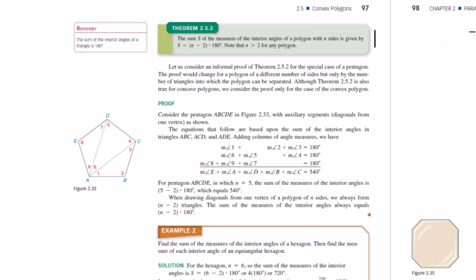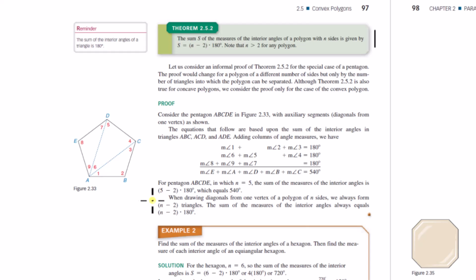We could have done this another way. We could not have done these diagonals. We could have done that, and that's it. So we could have done these 3 triangles, right? There are multiple ways you could break it up into triangles, but no matter how you do it, to create the non-overlapping triangles, the number is going to be the same.